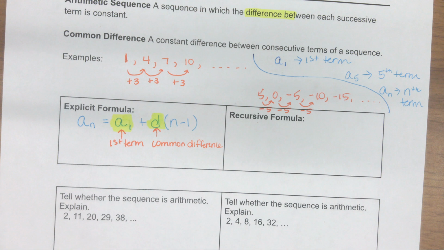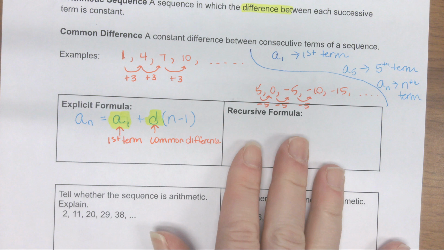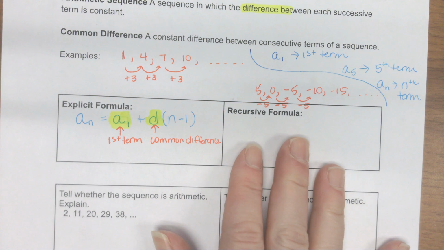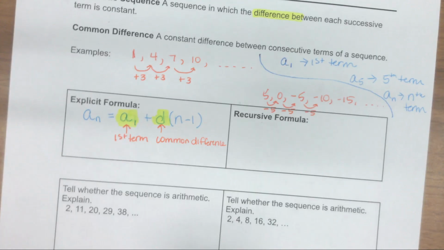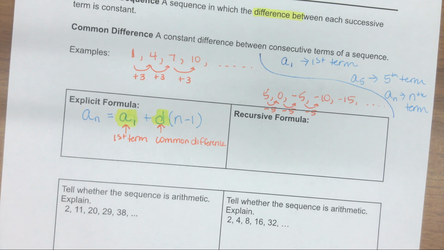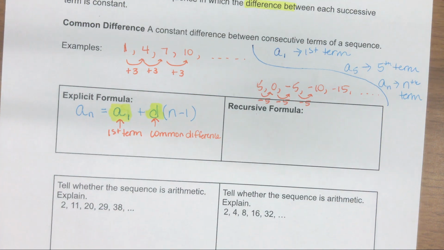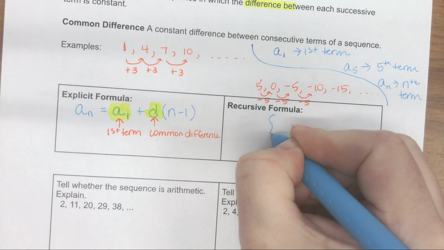I think most of you probably were more thinking about this in a way called a recursive formula. These are both the same sequence, just writing it in a different way. Most of you are figuring out, this is how I get the next term, this is how I get the next term, right? Weren't you going one after another? And so for the recursive formula, what that looks like is it's a two-part formula, okay?